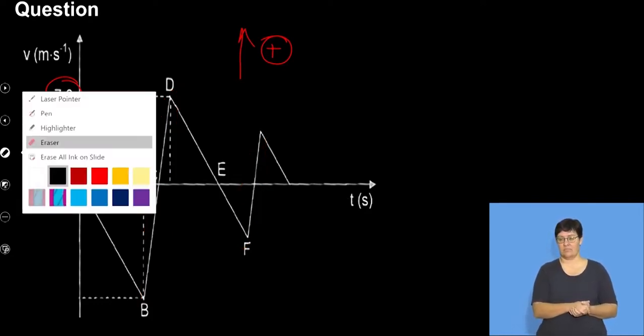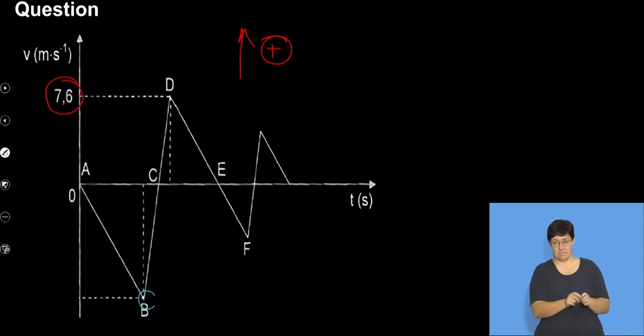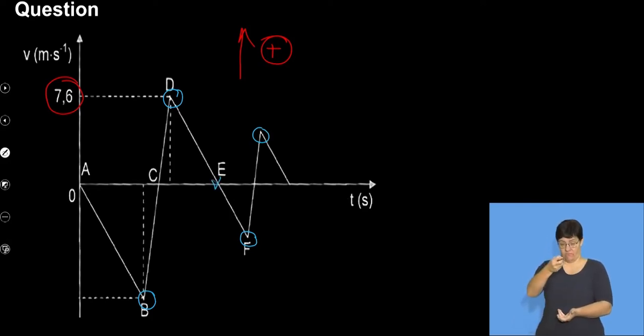What we also recognize, this is where it hits the floor. This is where it bounces off the floor, hits the floor, bounces off the floor, okay? At this point, it's at the top of a bounce, and C is where it's spending time on the floor, okay?